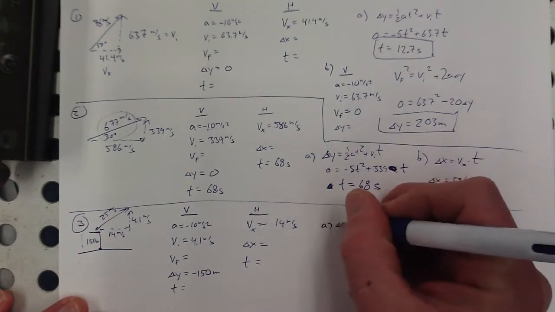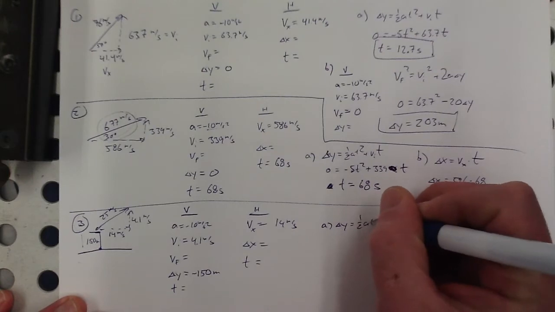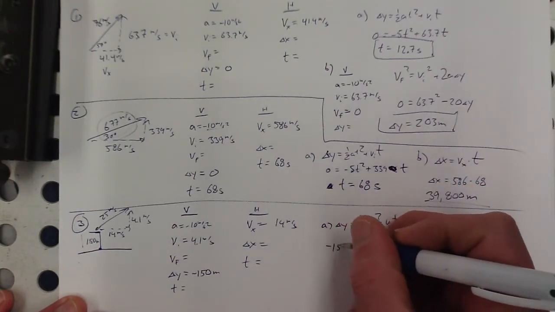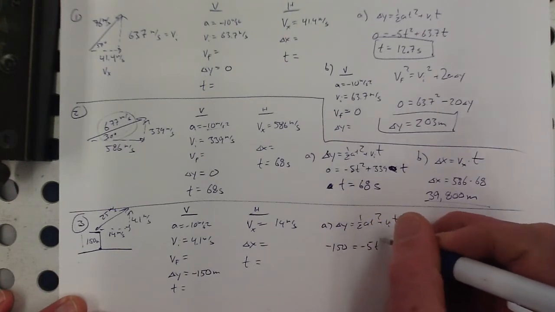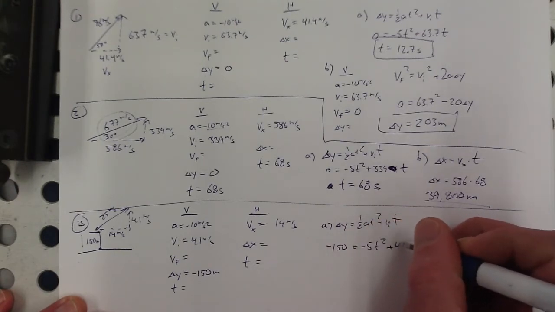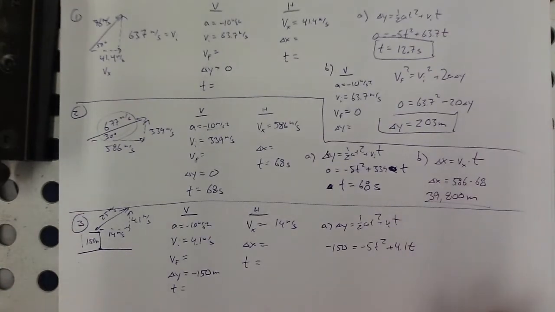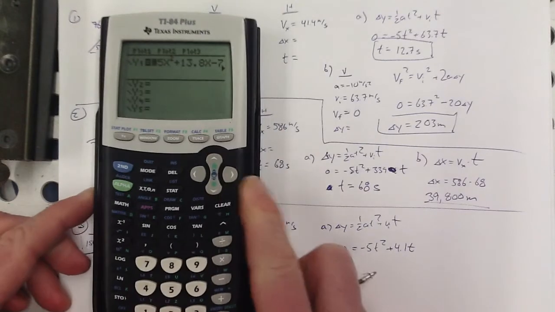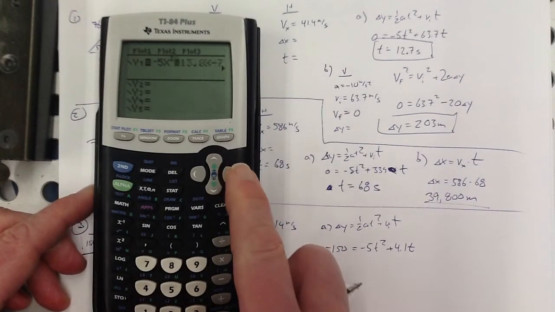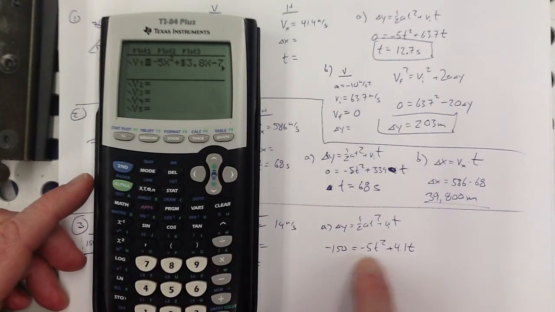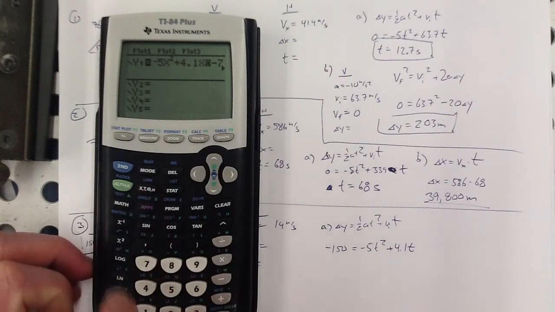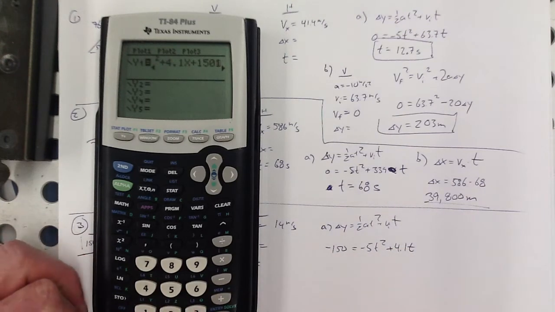So that's my delta Y equals 1/2 A T squared plus VIT. Going to have to graph this one because I've got my minus 150 here. So minus 5t squared, and then plus 4.1 t, and then add the 150 to the other side.